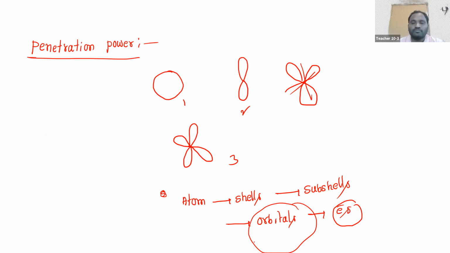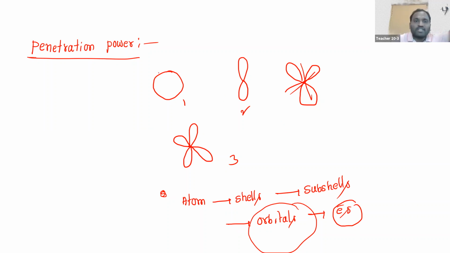That is the orbital definition. Where the probability of finding an electron is maximum, that is called an orbital.